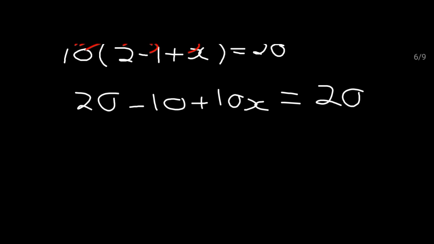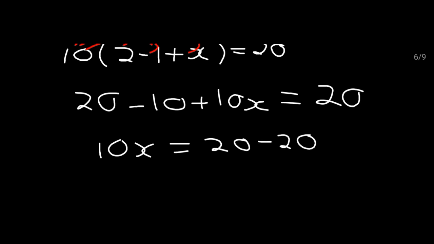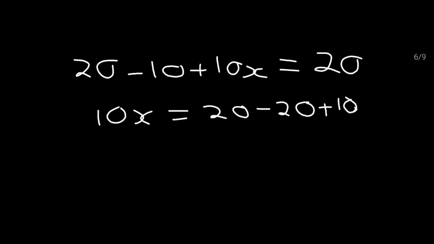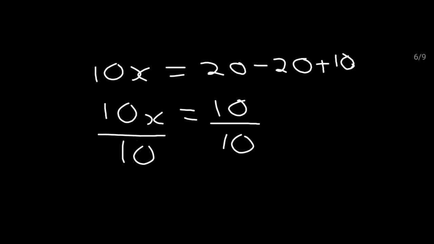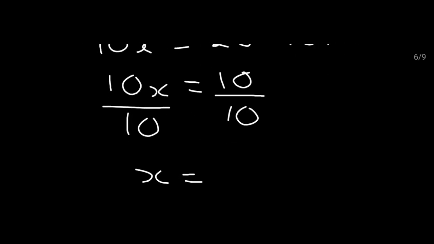And then now we make 10x the subject of the formula. So 10x, remember it is positive, then equal to 20. We transpose 20 to the other side, it becomes minus 20. 10 to the other side, it becomes positive 10. Then we're going to have 10x equal to 20 minus 20 is 0 plus 10 is 10. Then we're going to divide both sides by 10, to remove that 10 which is the coefficient. Then x equal to 1.